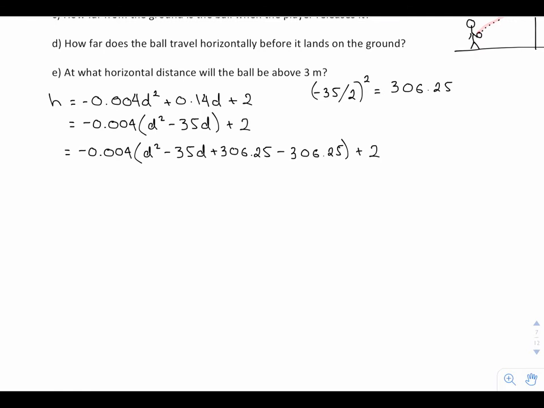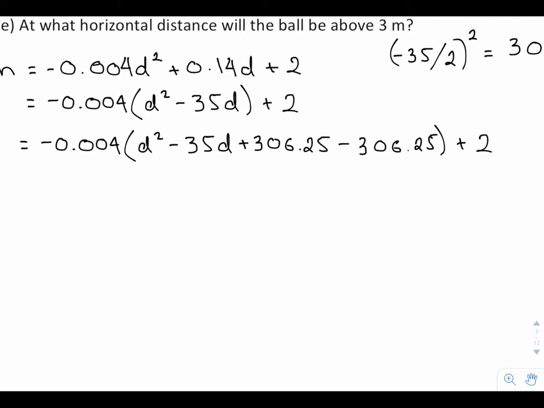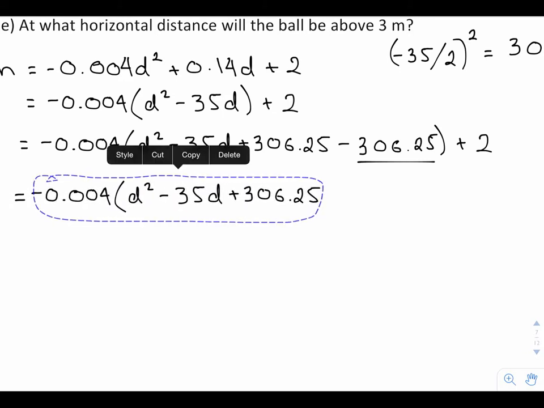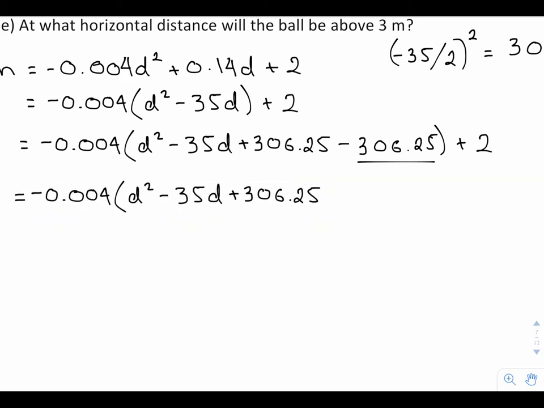so that what I end up with is a perfect square trinomial. Now, I need to bring the last term outside of the brackets. So again, I'm going to copy the whole expression. All of this stuff remains the same. I close the bracket, but this time when I bring this final term outside, I have to multiply it by the leading coefficient.